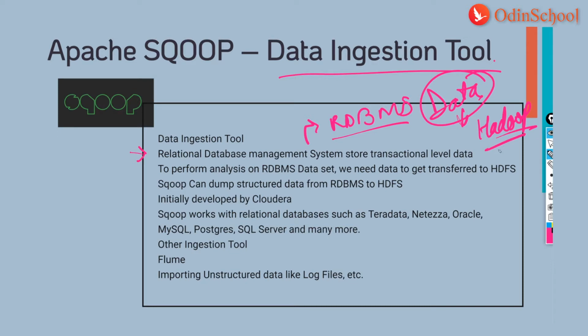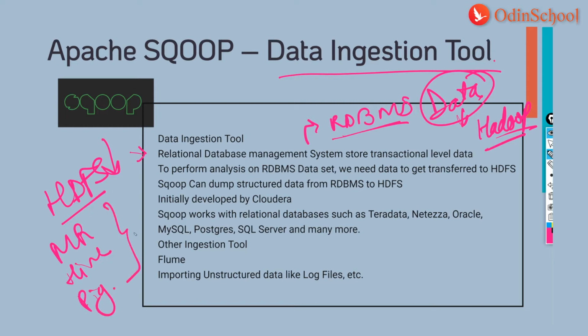Hadoop works purely on its distributed file system, HDFS. So there should be some way to import the data from RDBMS to HDFS. Then all your processing components like MapReduce, Hive, and Pig will take data from HDFS, because for them the input is HDFS.